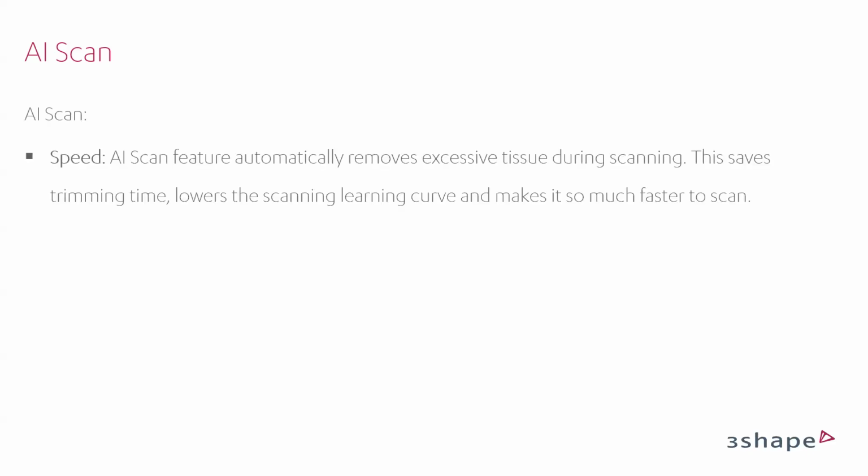Now let's check some info about the AI scan feature that we have in our software. AI scan is meant to increase speed. The AI scan feature automatically removes excessive tissue during scanning, as I mentioned before. This option may help you save some trimming time. It lowers the scanning learning curve and makes scanning much faster.